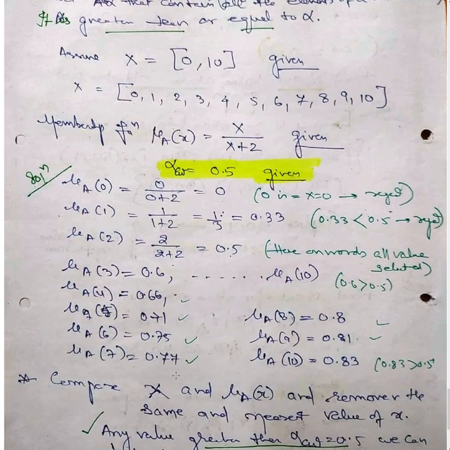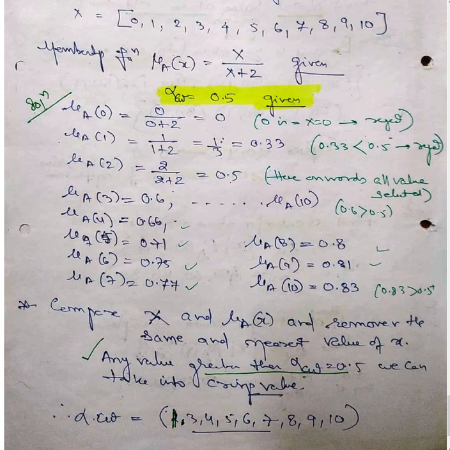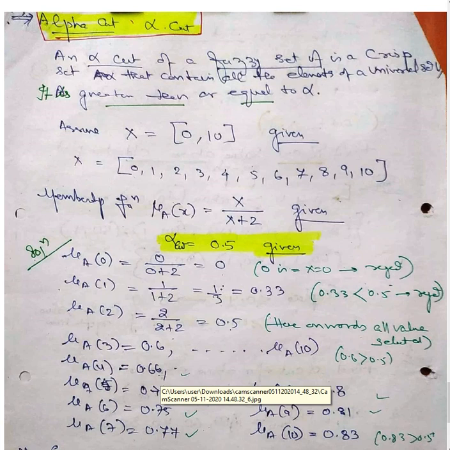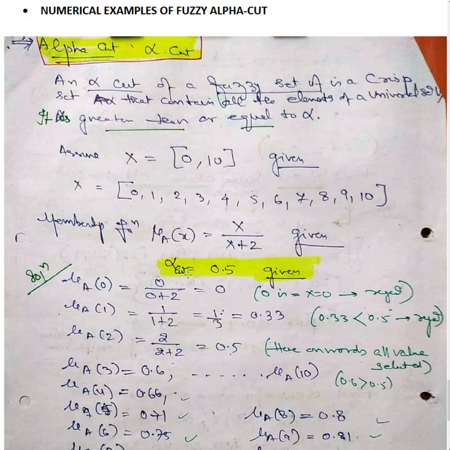If you compare x and mu A of x, the condition is greater than or equal to. Any element greater than 0.5 we can take into the crisp set. So that is the alpha cut defined with respect to 0.5.